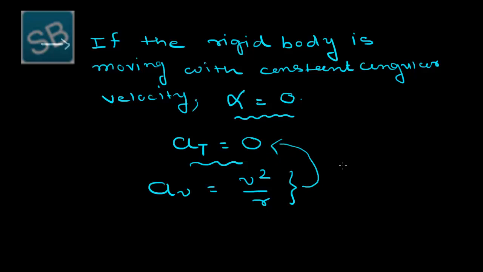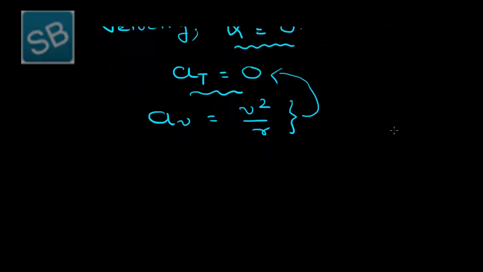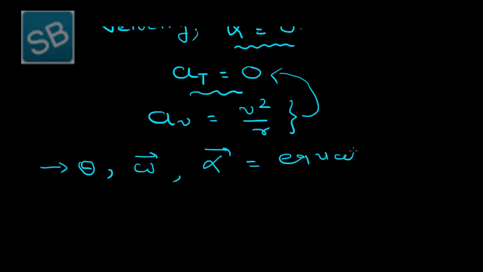Now, if you see in this discussion, the angular displacement, means theta, the angular velocity, means omega, and the angular acceleration alpha are equal for all particles of the rigid body.